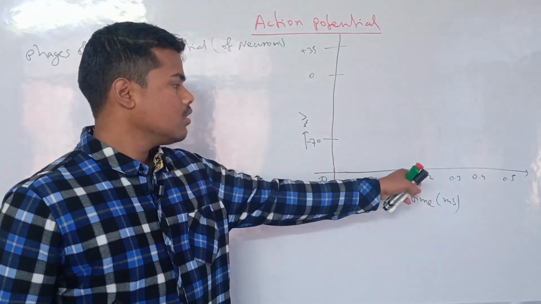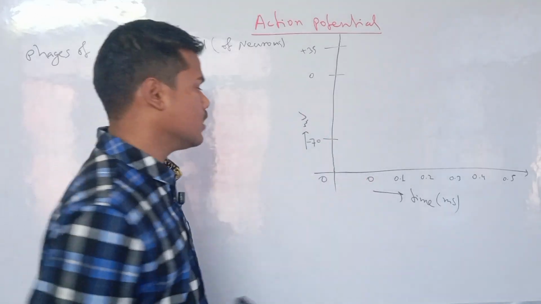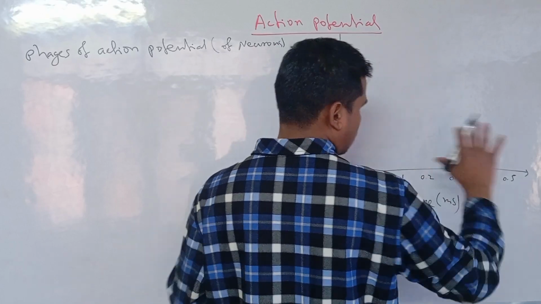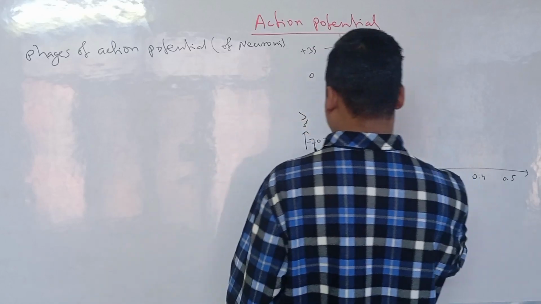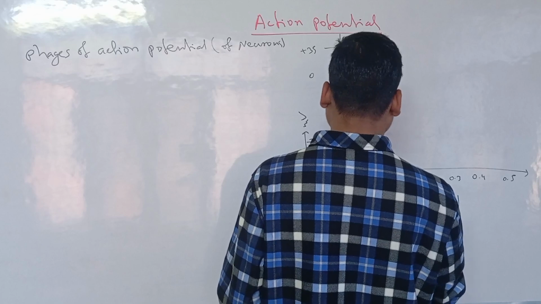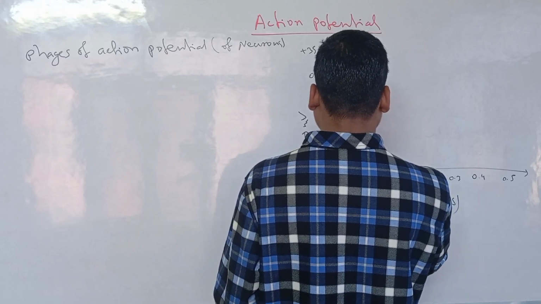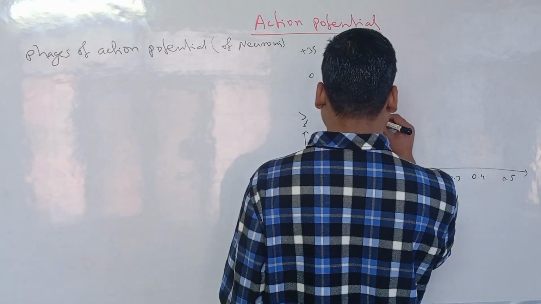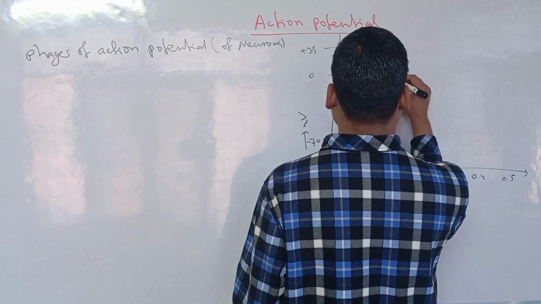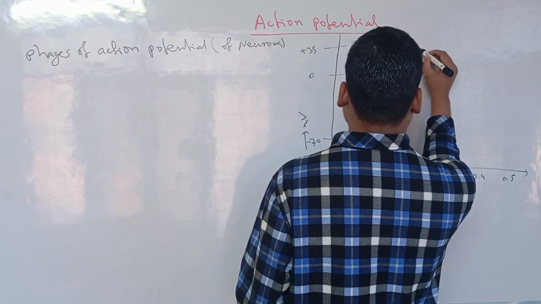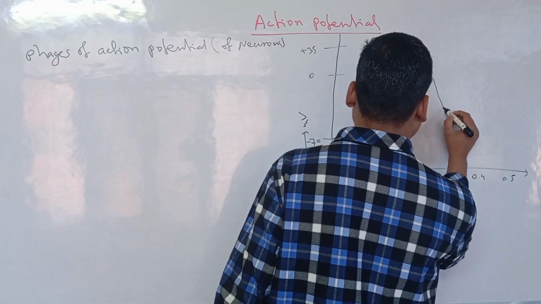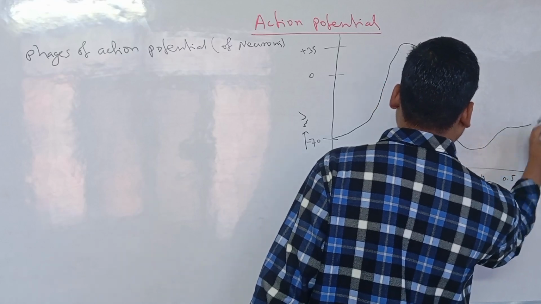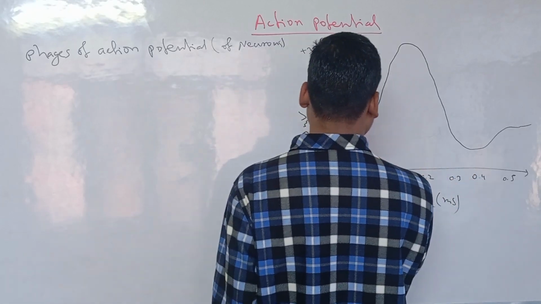Time is in fractions of a millisecond, because this signal should be transmitted very rapidly. If a threshold stimulus is applied here, the potential will rise, it will reach the positive potential and then will come back, and the next potential will be generated.